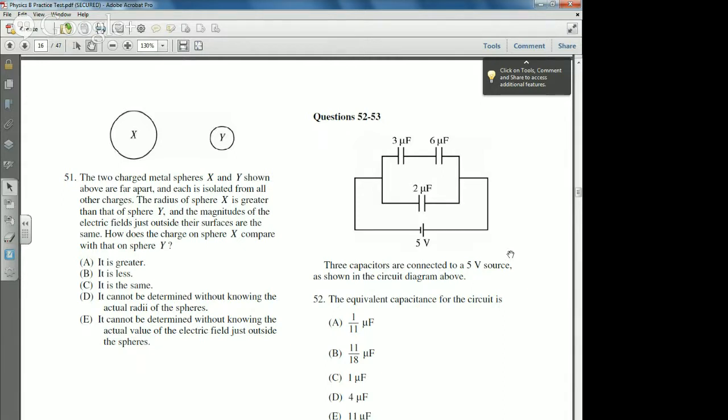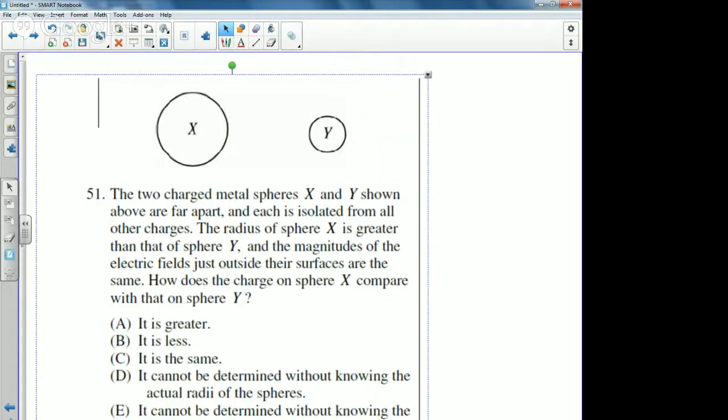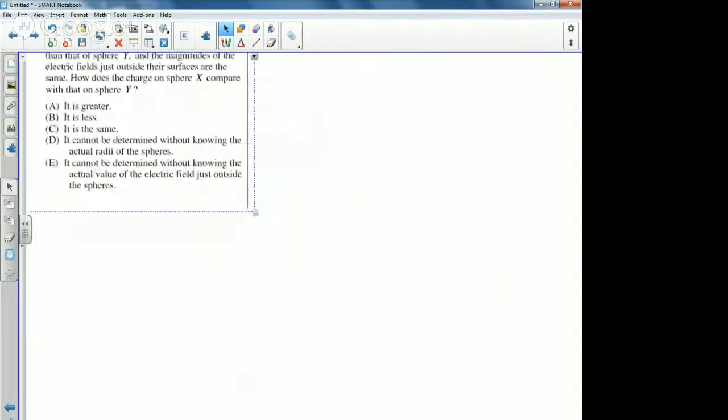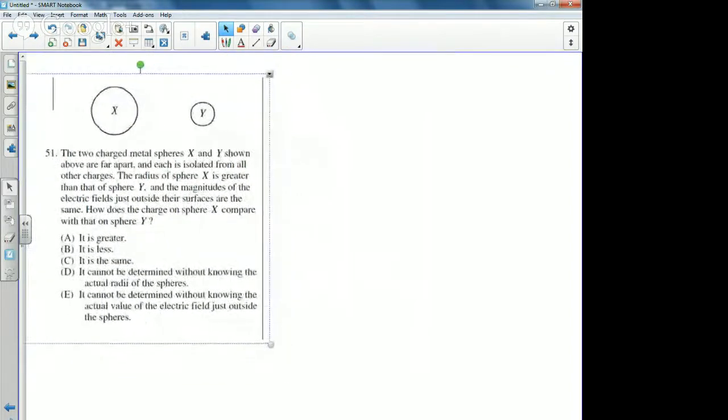Just outside this. So okay, let's just go through the basics of this real quick first. What's the formula for electric field? KQ over R squared.